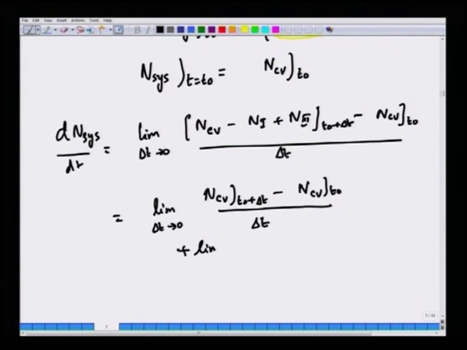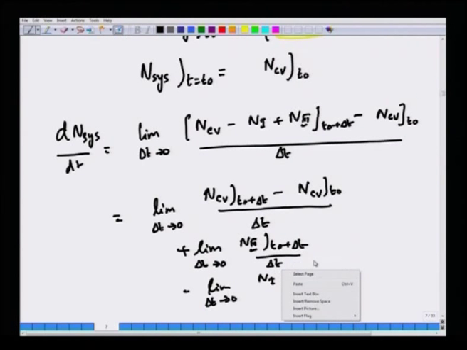Plus the limit delta t going to 0 of N3 at t0 plus delta t divided by delta t, plus the limit delta t going to 0 of minus N1 at t0 plus delta t divided by delta t.